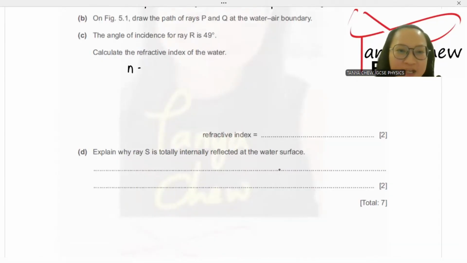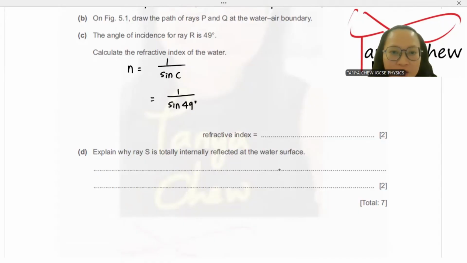So n is equal to 1 over sin of the critical angle. Now 1 over sin 49 degrees, so you should get 1.33. 1.33 is the answer.